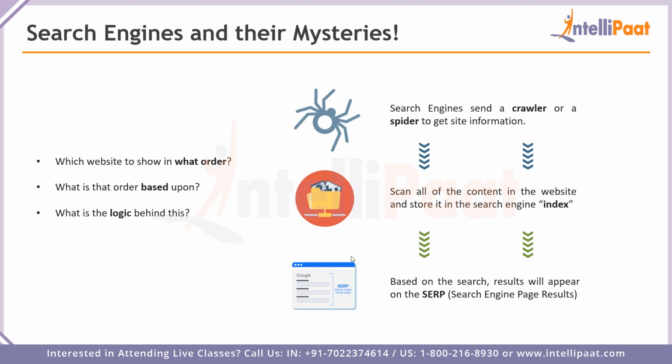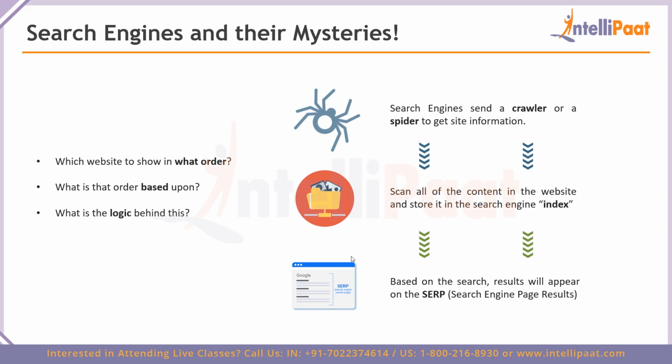They are these entities which have the ability to see through your website, scan all of the content that is present in your website to see to which keyword it would be effective to show your content. So they crawl through your websites, they understand what content you've put up, and then they later store it in something called the search engine index. So this search engine index is what guides the entire ordering.